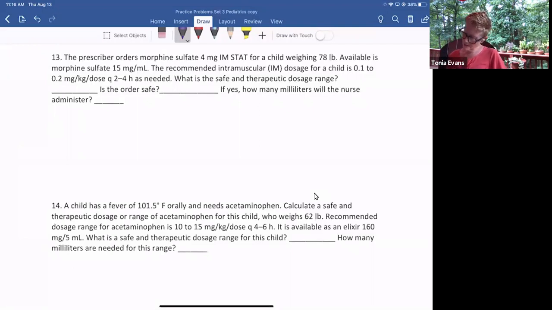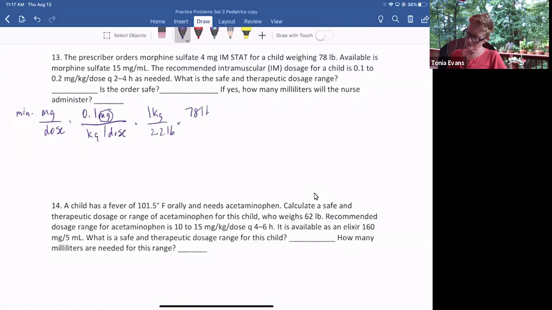Okay. Morphine. I am stat for this child. And there's our safe and therapeutic dosage range. So what's our safe and therapeutic dosage range? Milligrams per dose. All right, 0.1 milligram per kilogram per dose minimum. And 1 kilogram is 2.2 pounds.